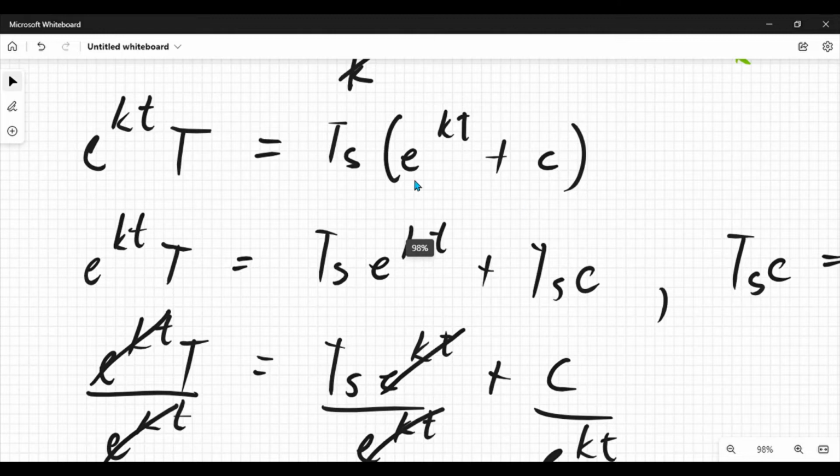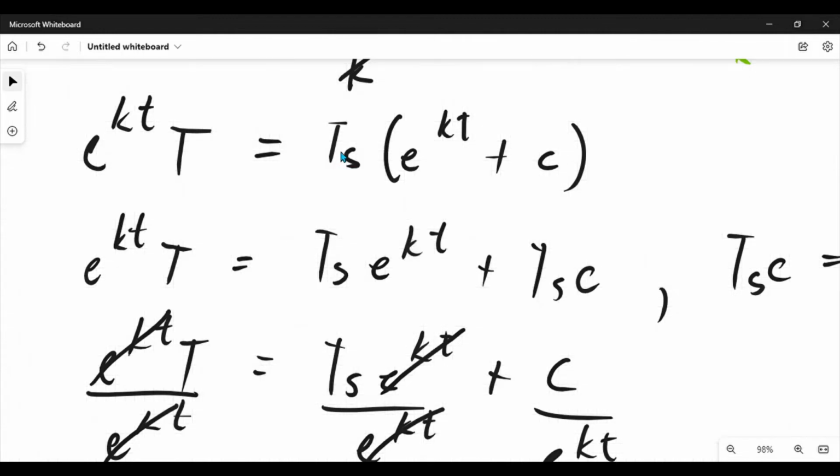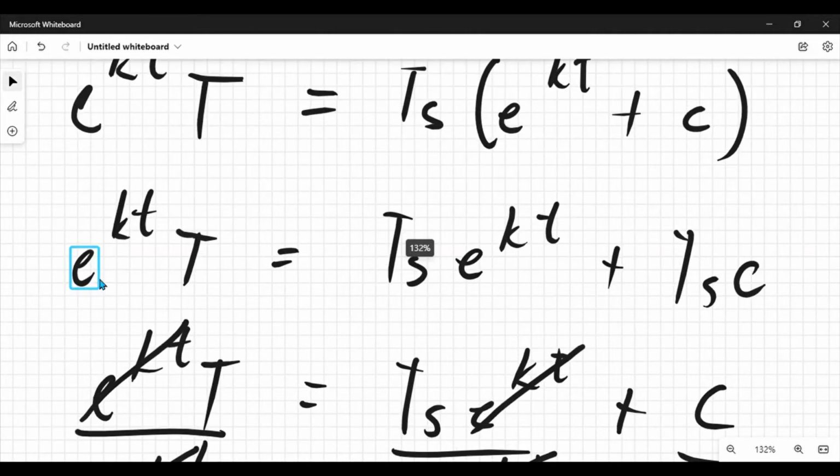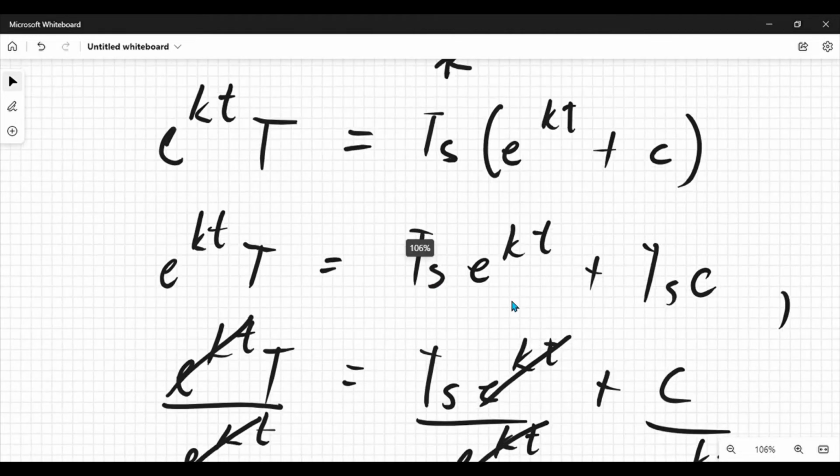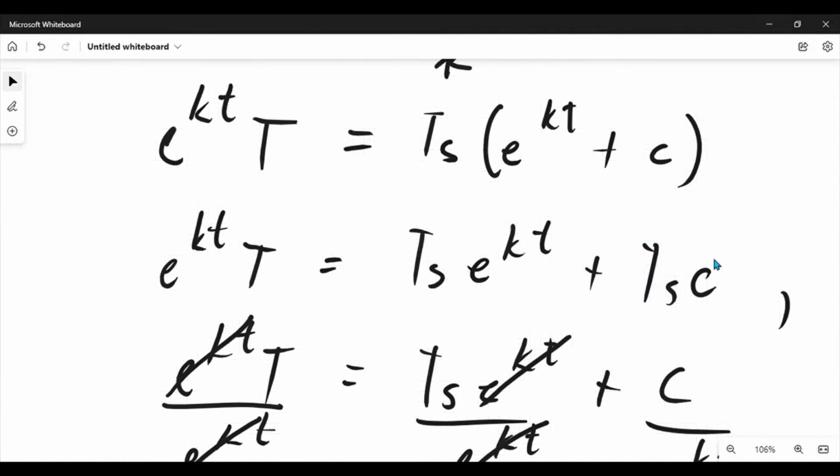Now, we distribute your T sub s to the terms inside the parentheses. So we'll be having this equation, e raised to kt times temperature T, and this is equal to T sub s e raised to kt, and then you have the product of T sub s and c. So that's T sub s times c.